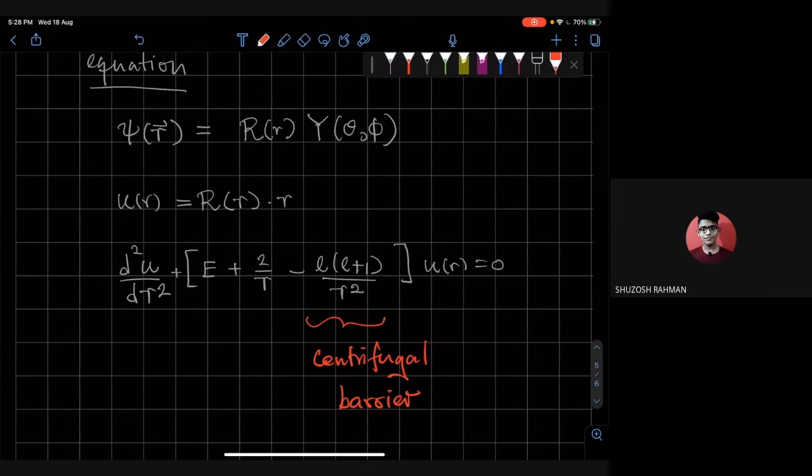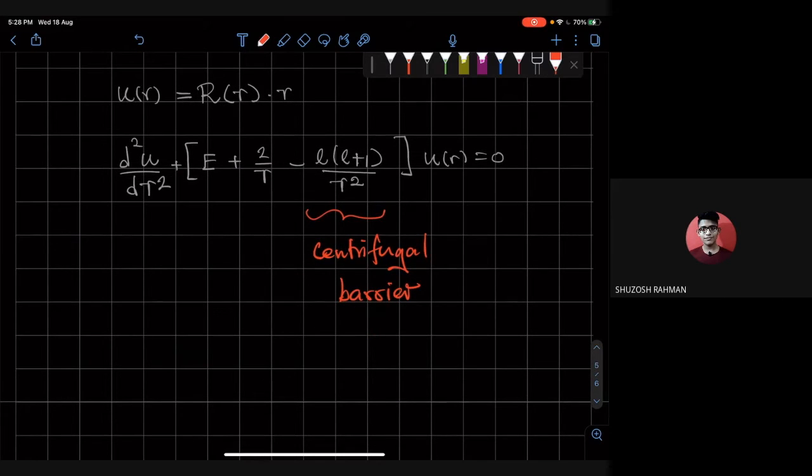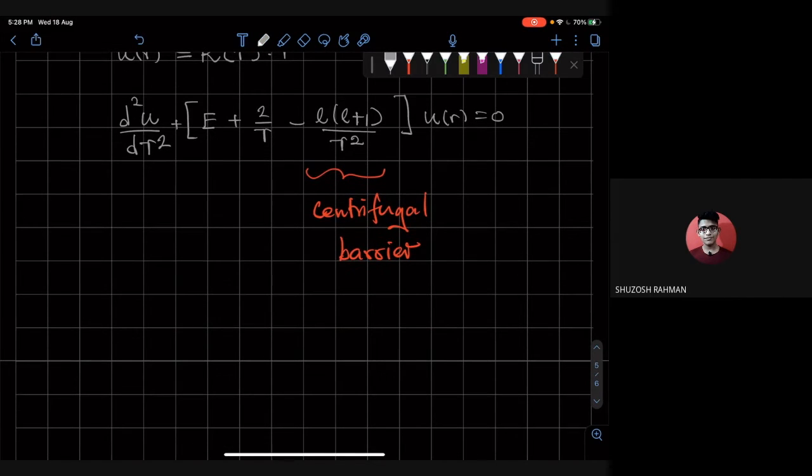Just for reference, let me write out what we defined. We had derived in the previous class the radial equation of motion. In the full units, it was d squared u_El by dr squared, and this depends on r.